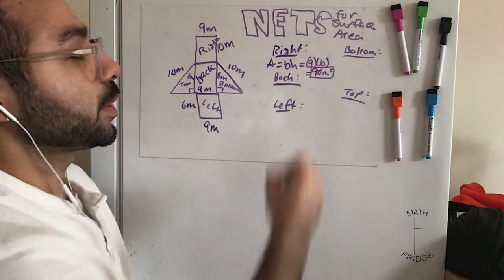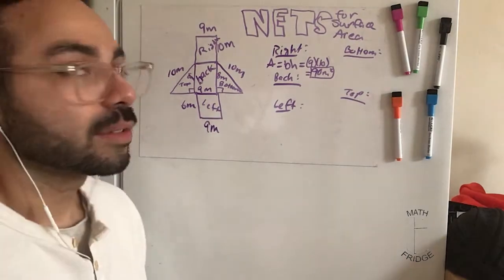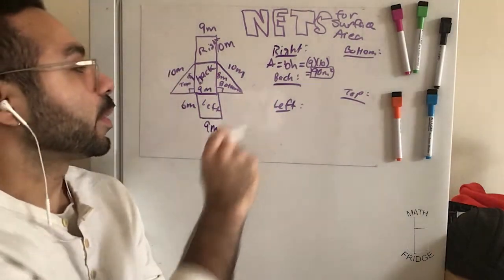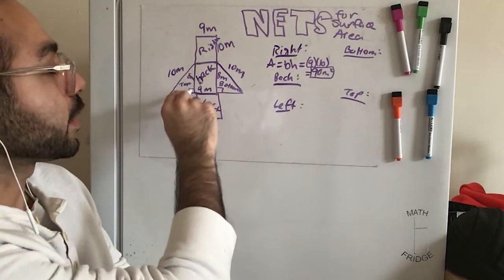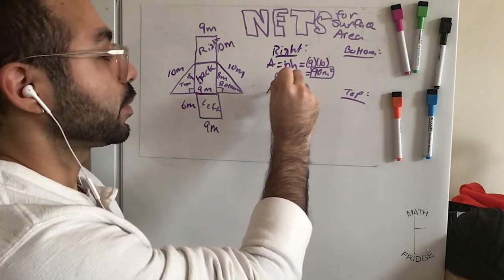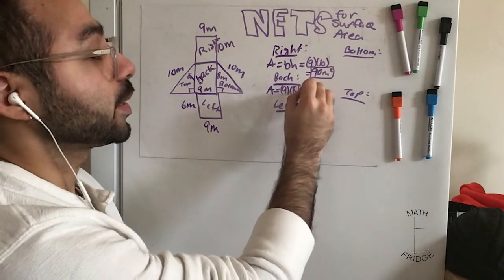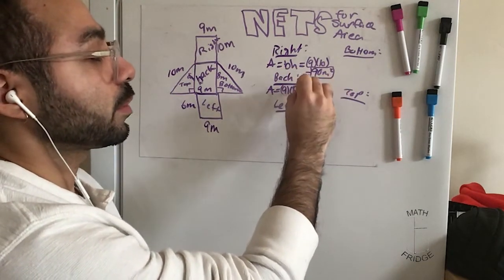So next we have our back right there. Our back has a length of 8 right there and a length of 9 right there. So area equals 9 times 8, and that will be 72 meters squared.